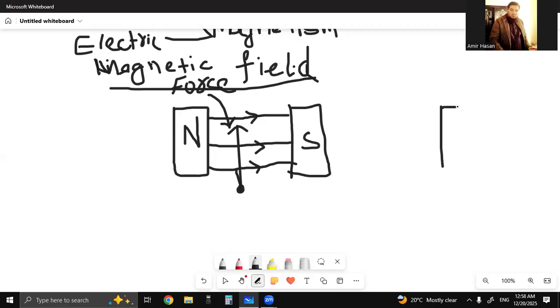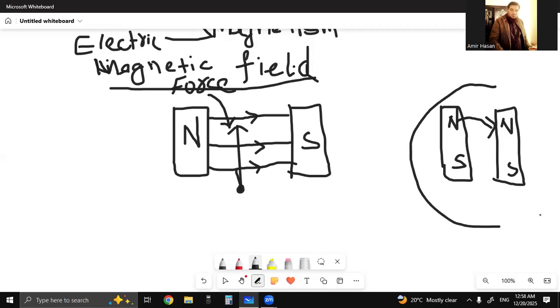When we bring a magnet or a magnetic material near a magnet, the magnet influences it. The same poles repel and opposite poles attract. This is the definition according to magnetism. But here I am defining the magnetic field according to electromagnetism.